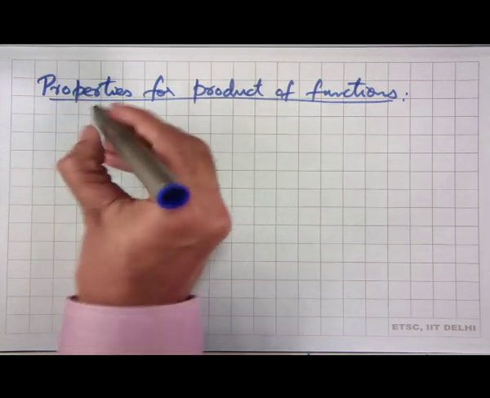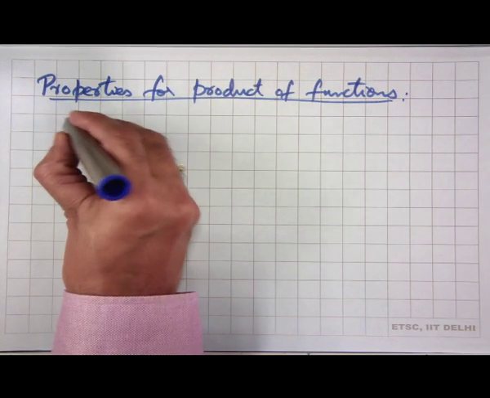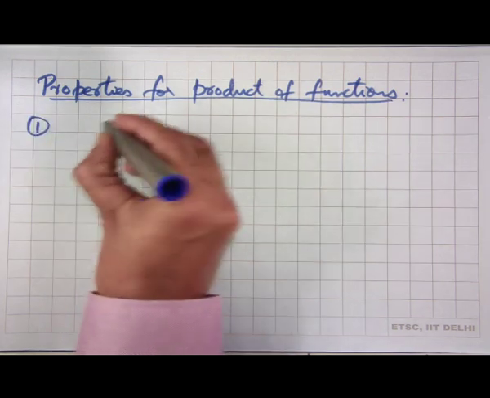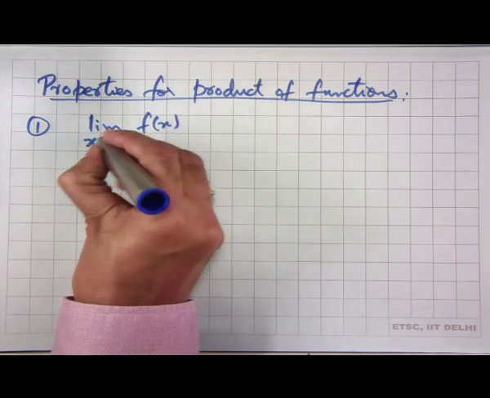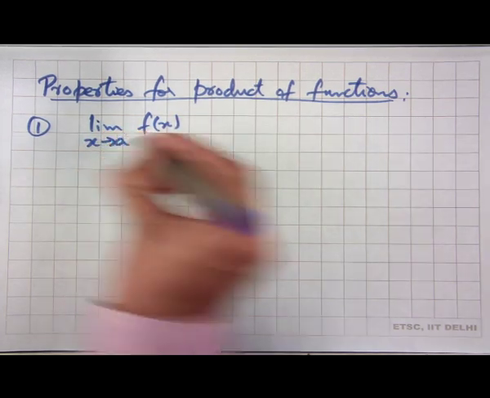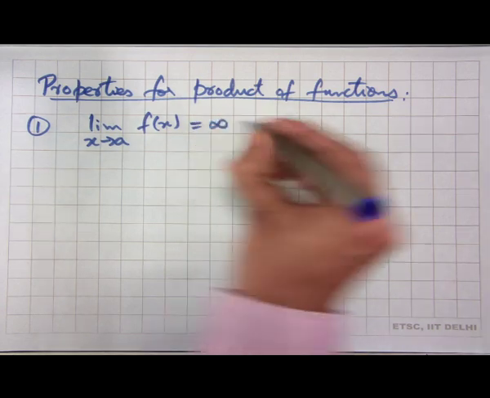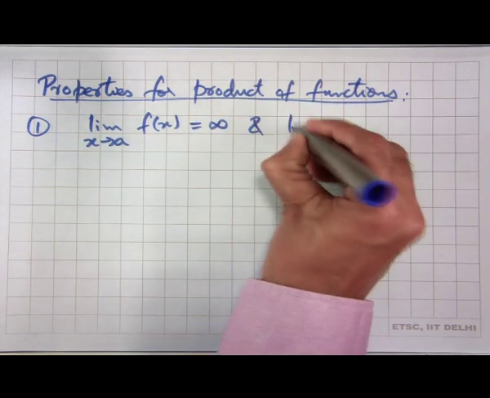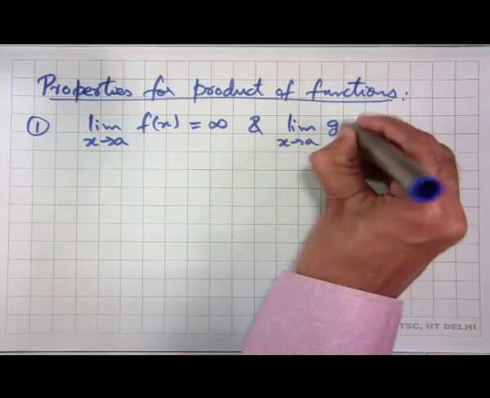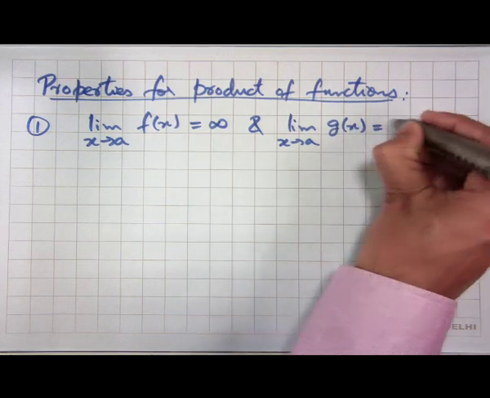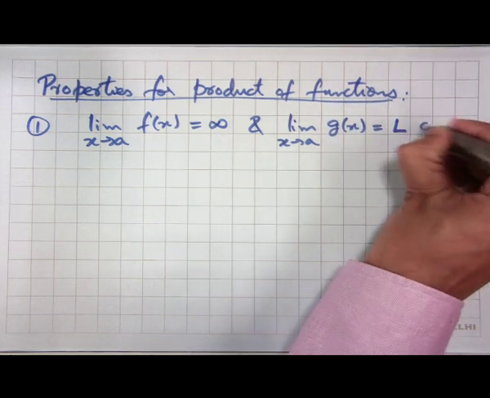Suppose the limit of f(x) as x goes to some a is equal to infinity and the limit of g(x) is equal to some L, which is a real number.